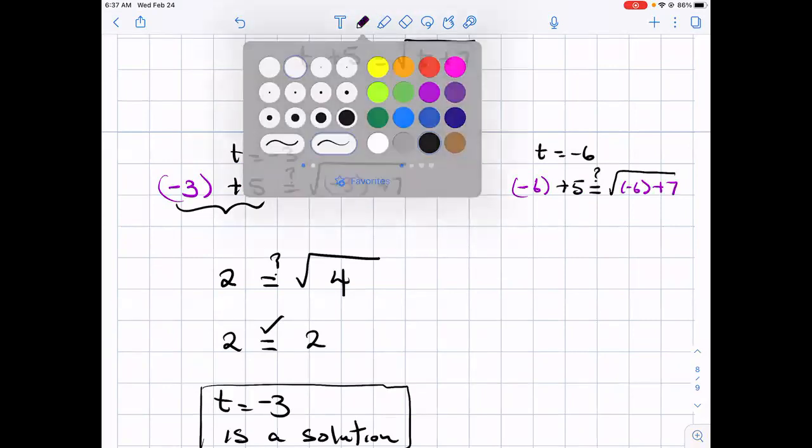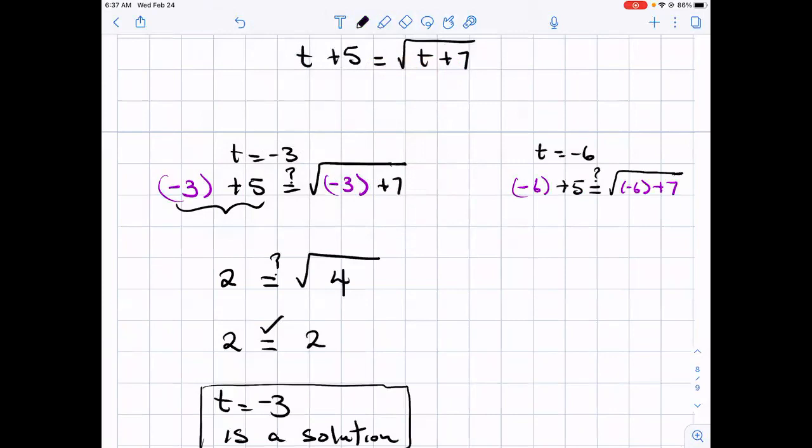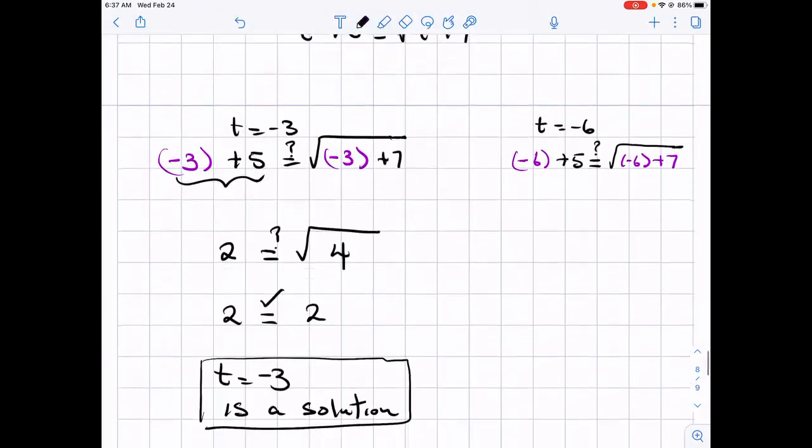So -6 plus 5 is -1. So here we have -1, by combining these two. And we want to know if that's going to be equal to this root here. -6 plus 7 is +1.